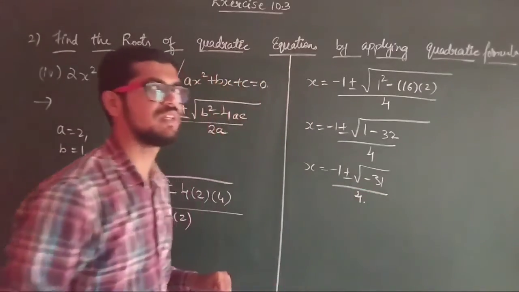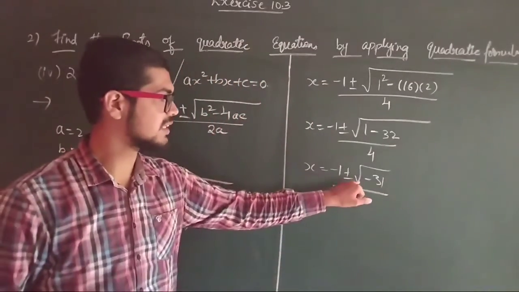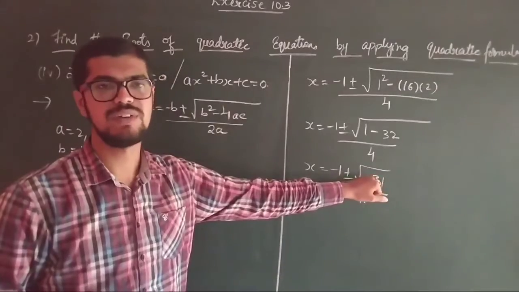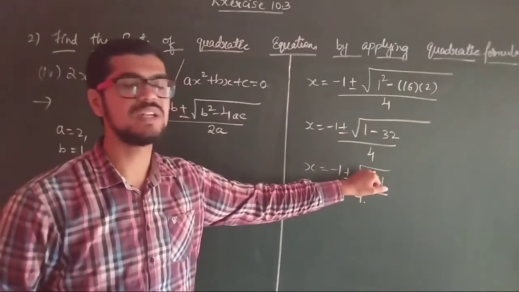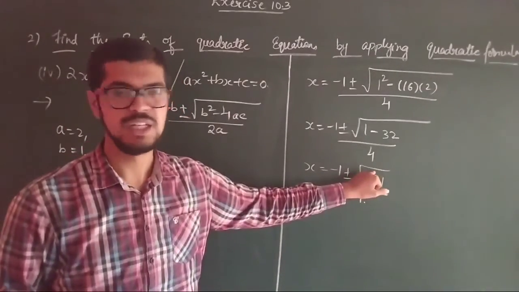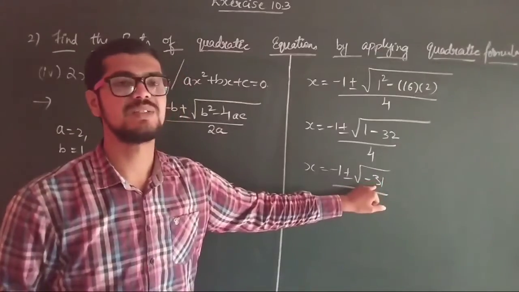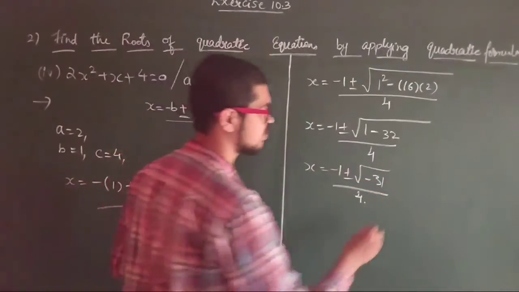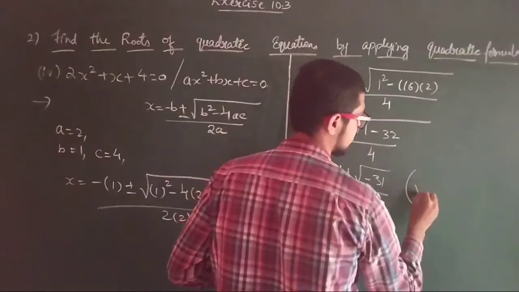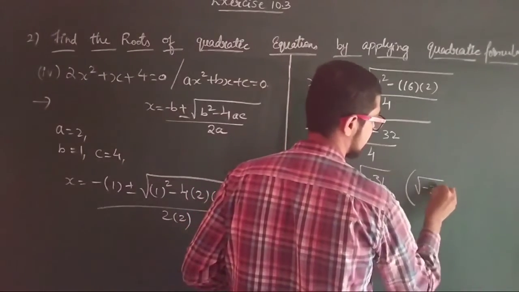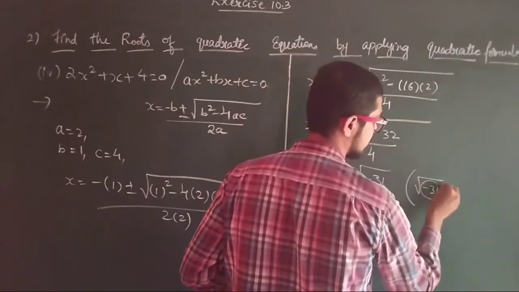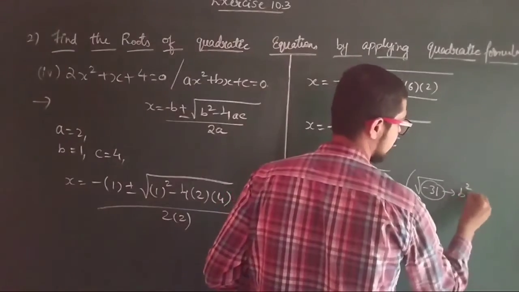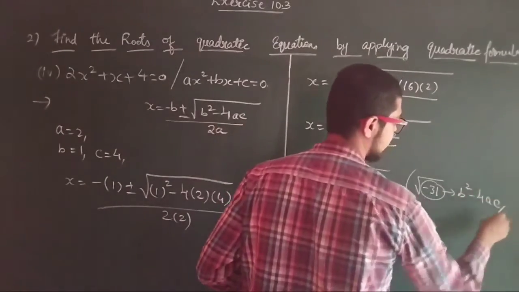Now carefully observe here, I have a negative number inside a root, square root. So if I have a negative number inside a root, it will be an imaginary number, right? So therefore, by looking at this, what I will declare is, that is this term, root of minus 31. This value is nothing but b square minus 4ac, right?